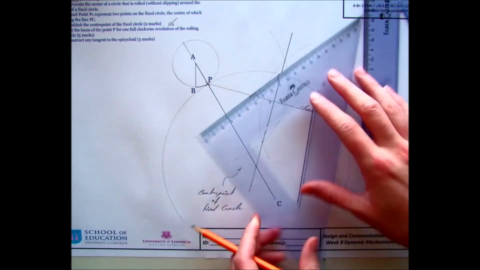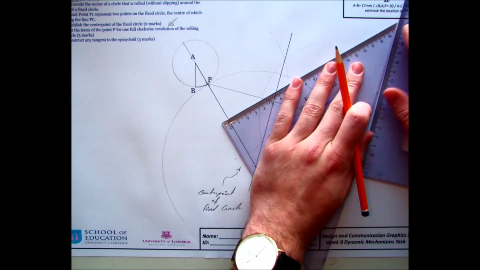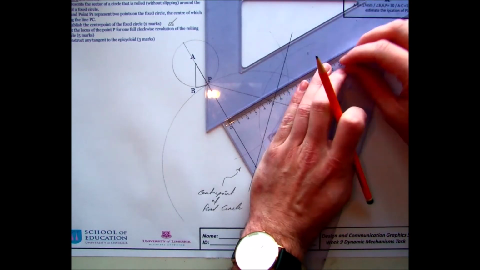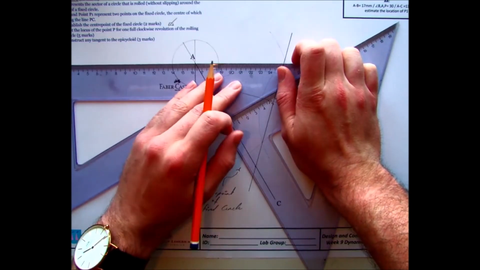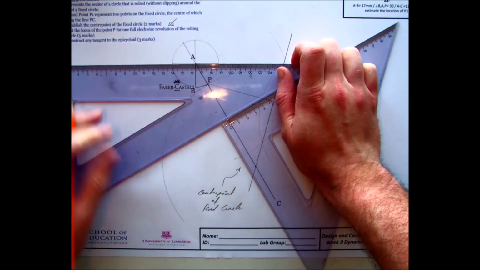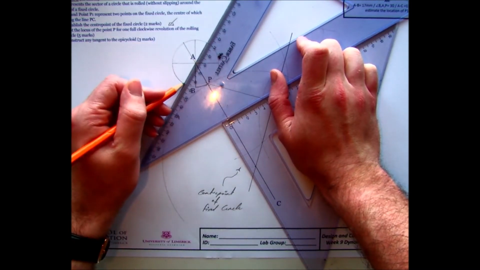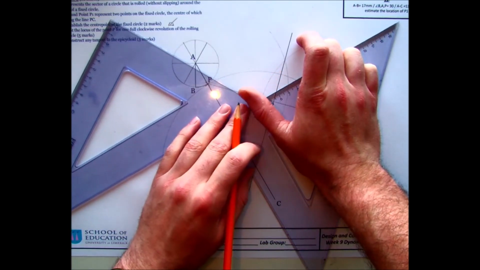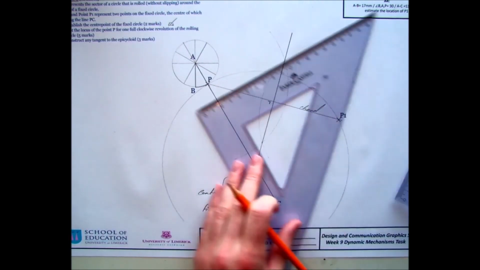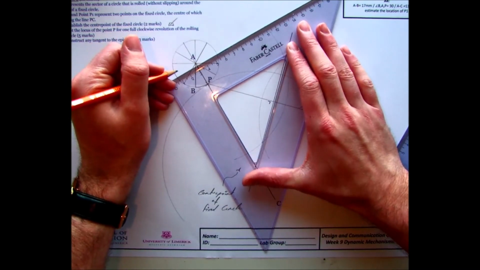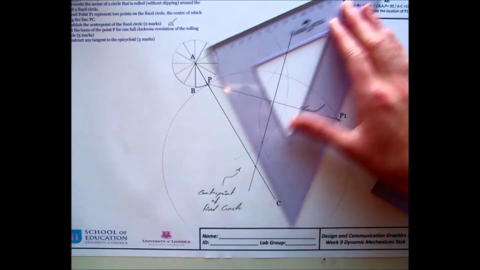So if I get this set up, now I have my 12 different sectors.